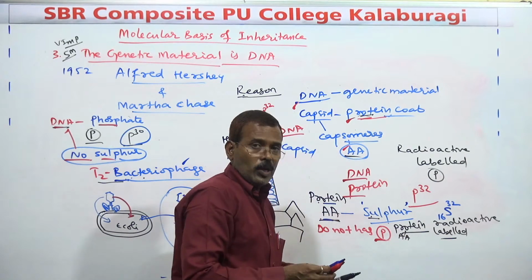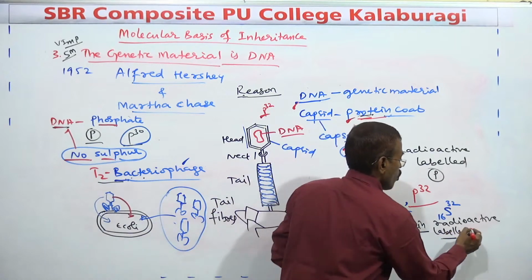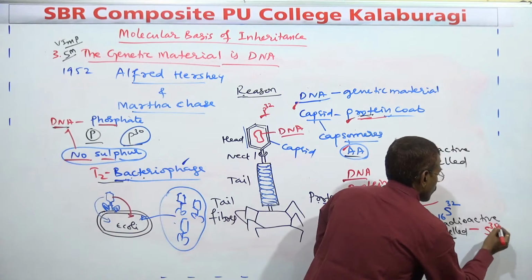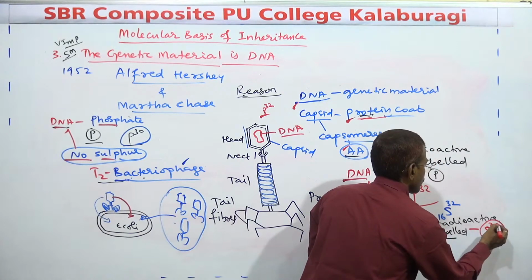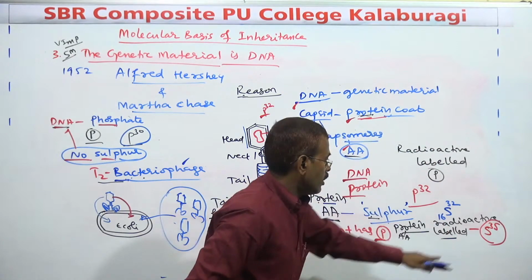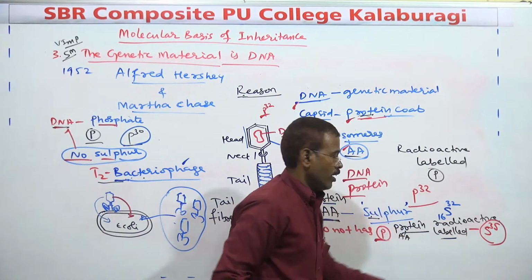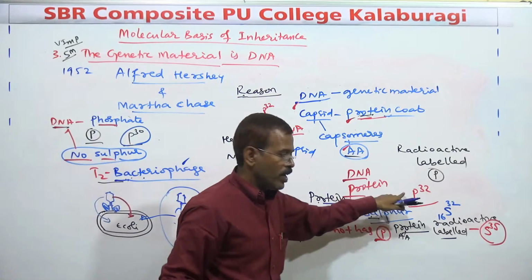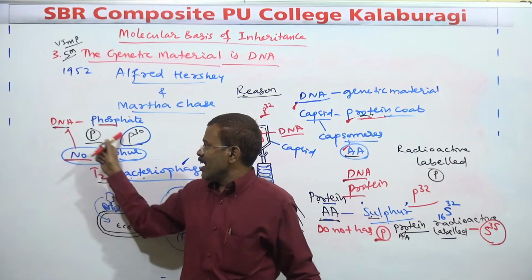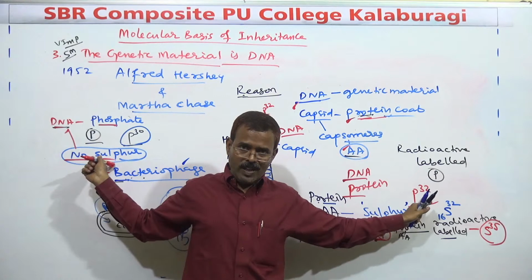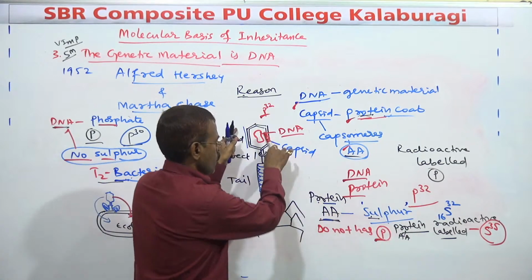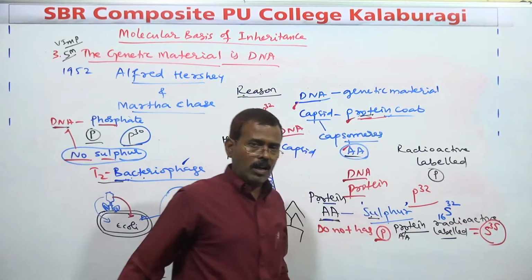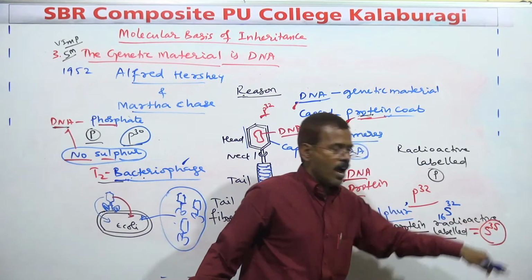So what did they use? They used radioactive S35. Phosphate was radioactively labeled with P32: DNA containing phosphate labeled with P32. The protein coat containing sulfur labeled with radioactive sulfur S35.